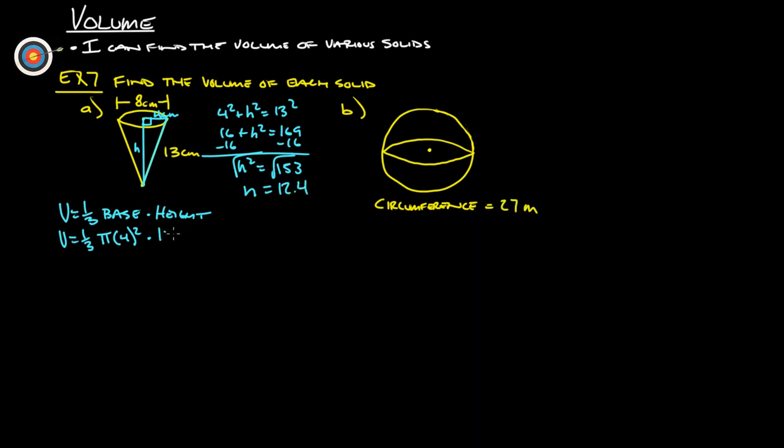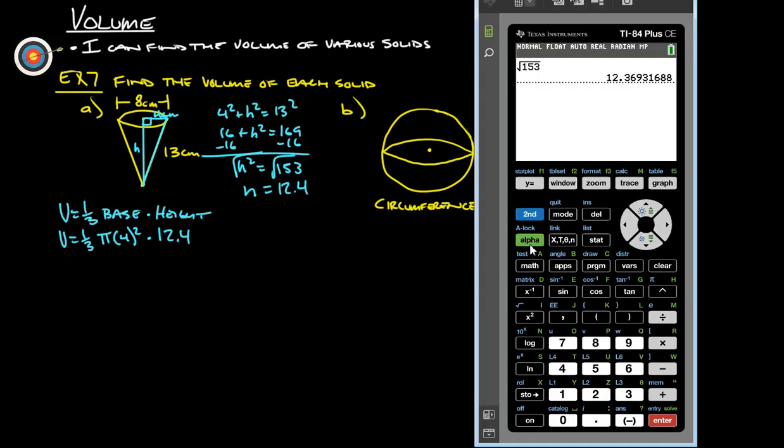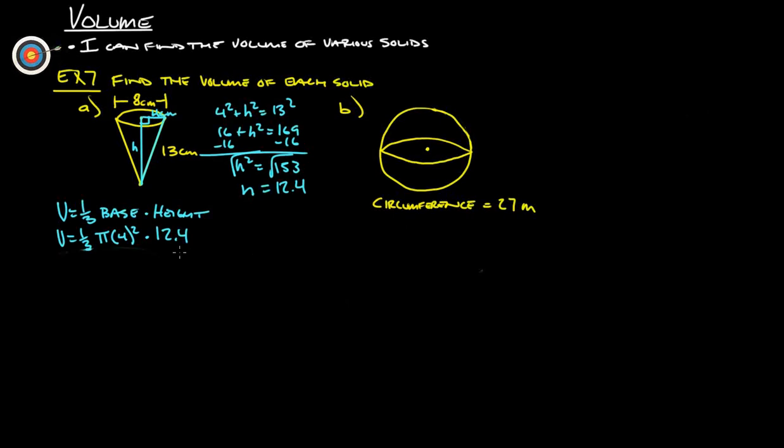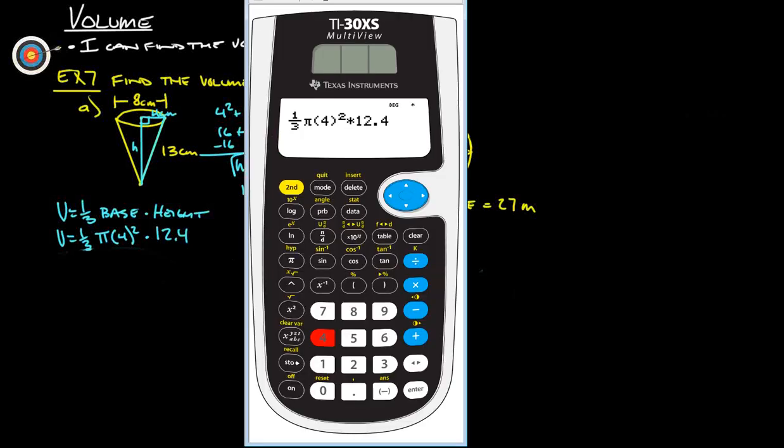So times 12.4 for our volume, right? We already have the 12.4 in there, so let's just leave that, and then we'll multiply it by 1 divided by 3, then multiply it by pi, and then by 4 squared. Okay, and that gives us a grand total of, when we plug this all into our calculator, 1/3 pi times 4 squared times 12.4.